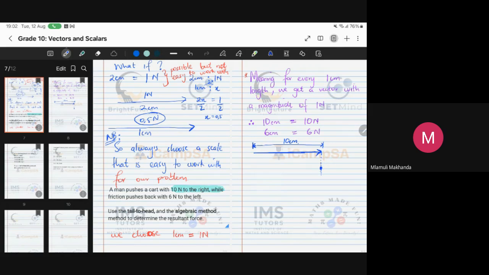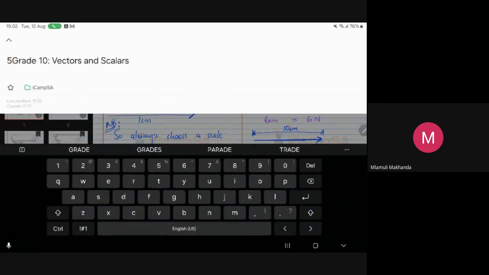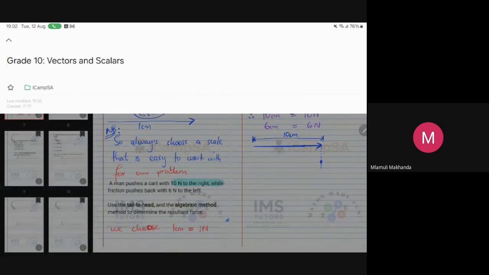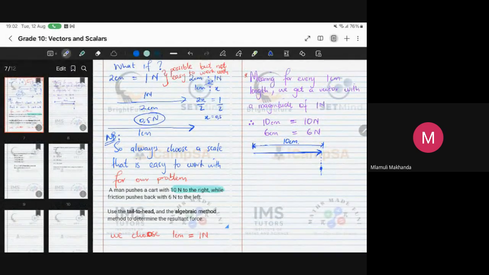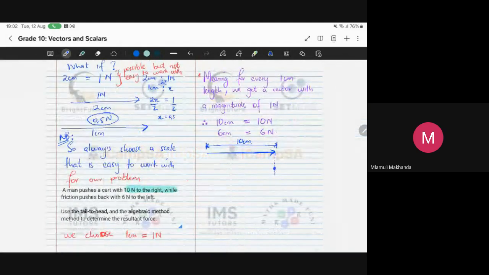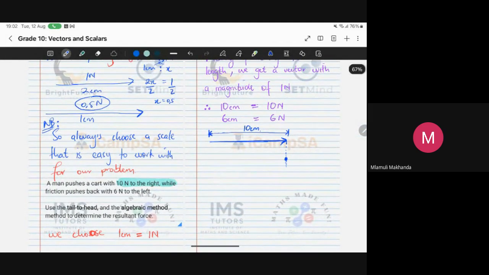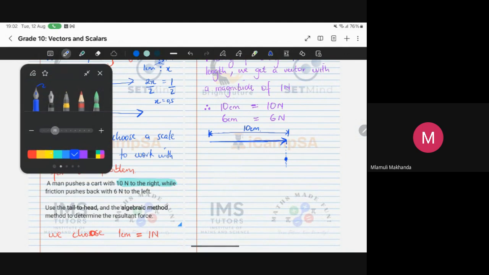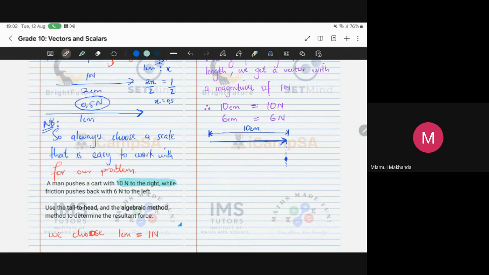So it means our second vector would go from here exactly at the same position where the head of the last vector ends to right about here.